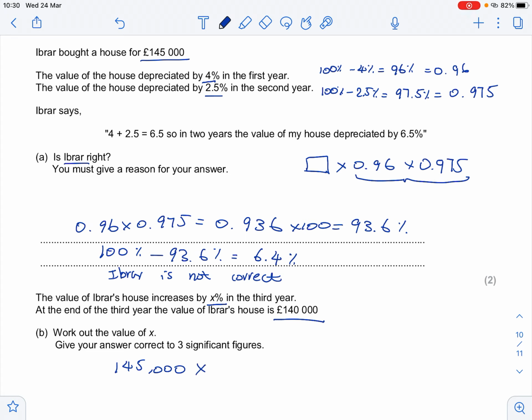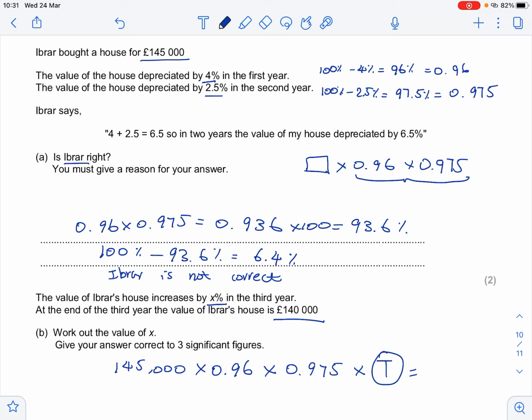At the end of the first year, you multiply by 0.96. At the end of the second year, you multiply by 0.975. At the end of the third year, you multiply by an amount which we don't know. We're going to call this T for third year. This is our third year multiplier, which we're going to find out.